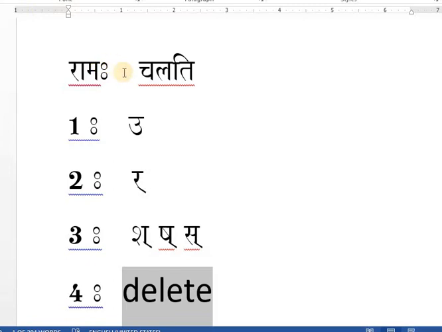Now you must be having doubts: sir, how would a student understand when visarga converts to u or ra or sa or is deleted? Visarga can be u also, ra also. So how will you know whether to convert to u, ra or sa?